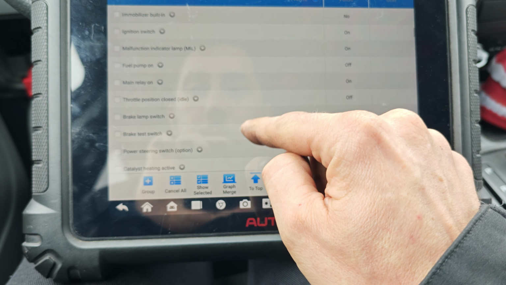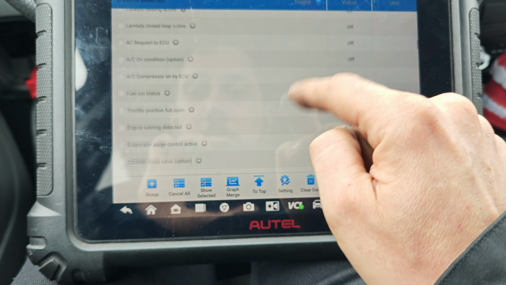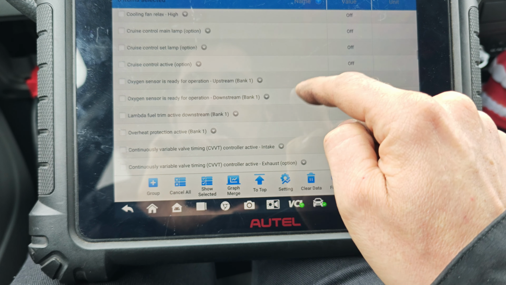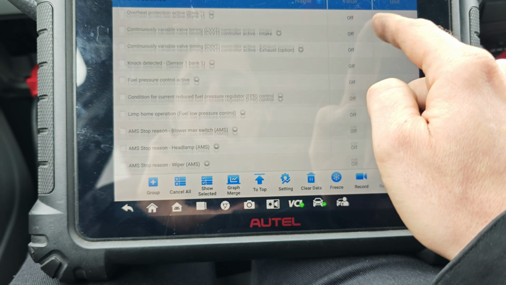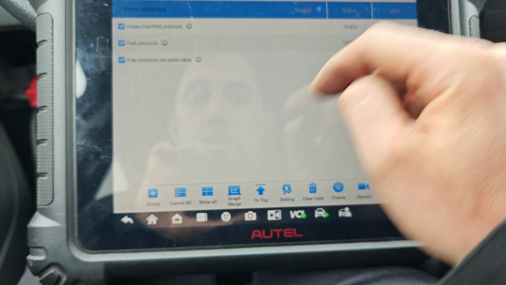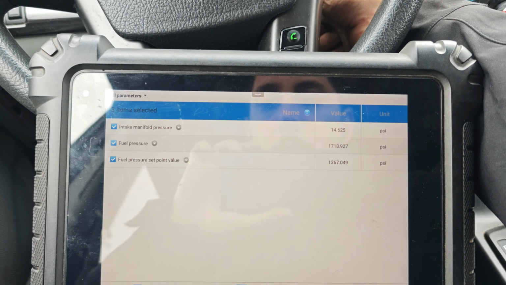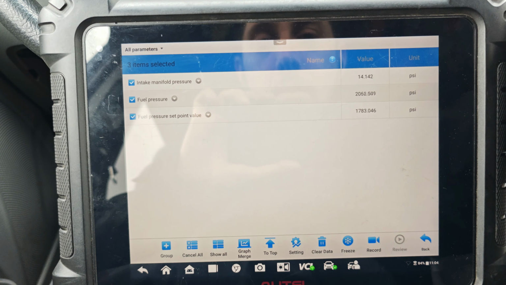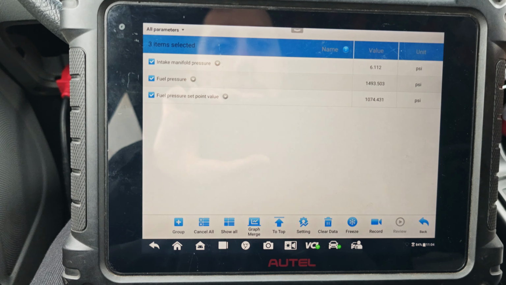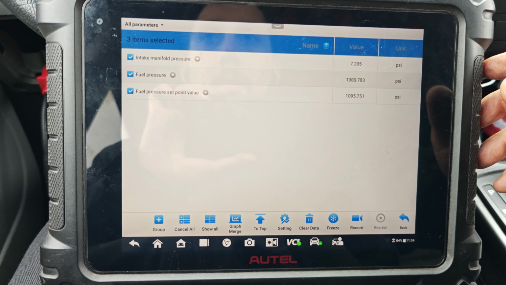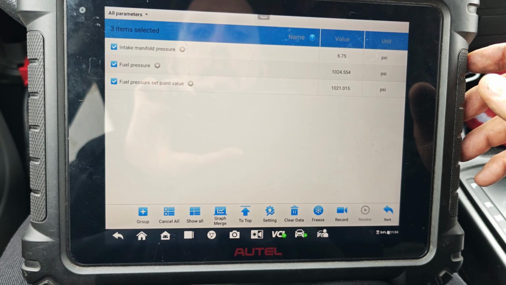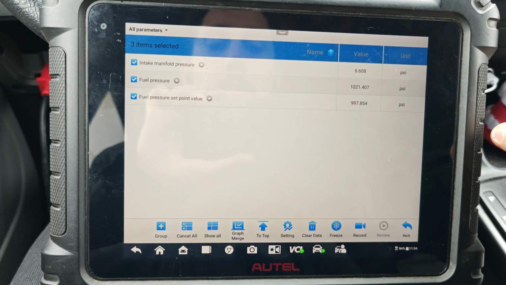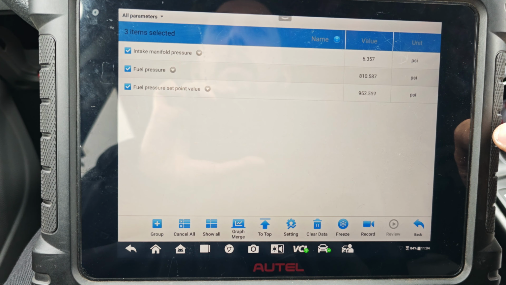No mass airflow sensor. Let's just see what happens with just these two right here. So our pressures are matching.